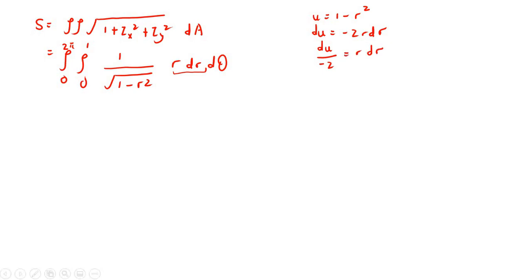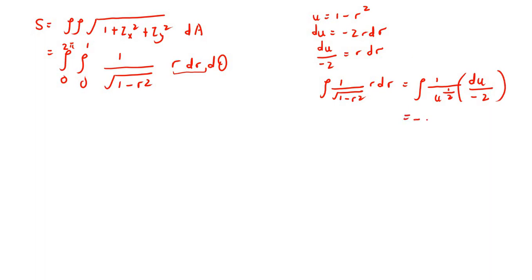Okay, that's why your integral of 1 over the square root of 1 minus r squared, r dr becomes, with 1 minus r squared as u, the integral of 1 over u to the power half, with r dr as du divided by negative 2.